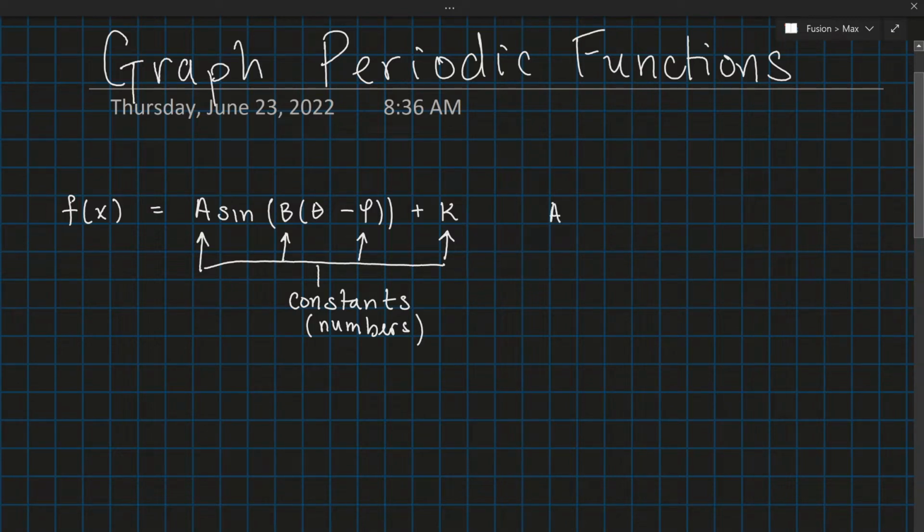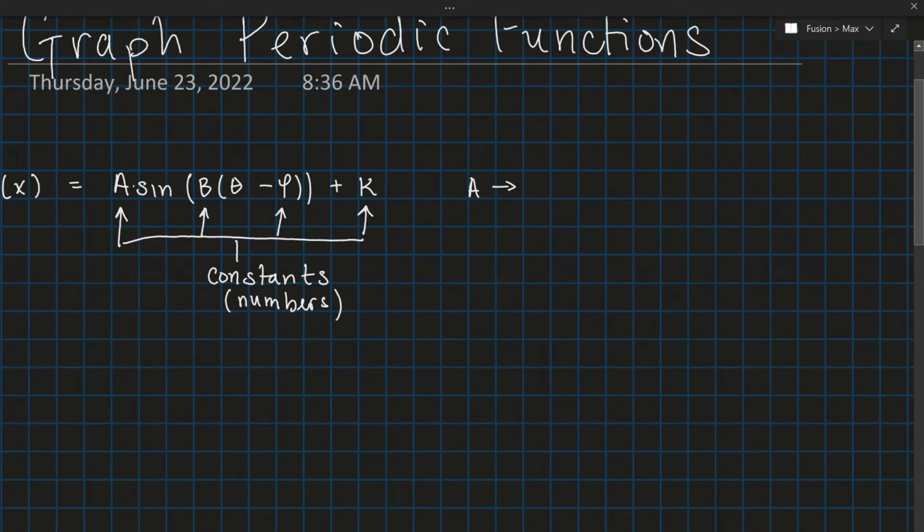So A, have you ever done any kind of function transformation? Like how they change whenever you add? No? Okay. So A here is being multiplied by the entire function, or the sine function.